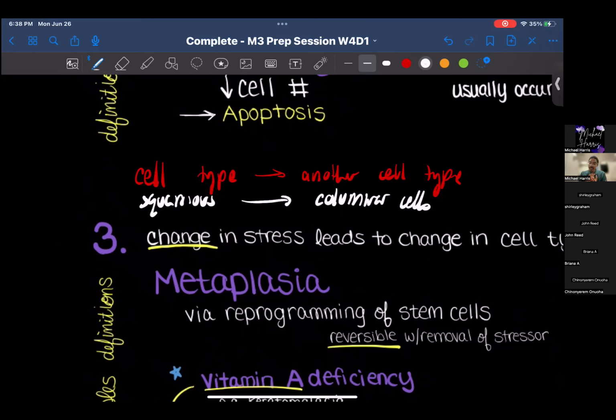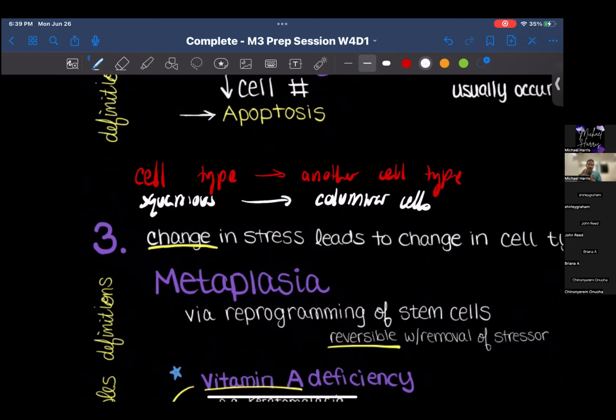Think about what is causing the issue and stem it from that. What cell is most likely to help protect yourself against this? Acid, columnar cells. Smoke and abrasive things, oh, that's squamous cells. And that's exactly what ends up happening in the bronchi. Columnar cells aren't going to do anything against that. They're just going to produce mucus. That's not really going to do much when you have a lot of smoke and abrasive carbon coming down, right? So this is how you're going to remember it.